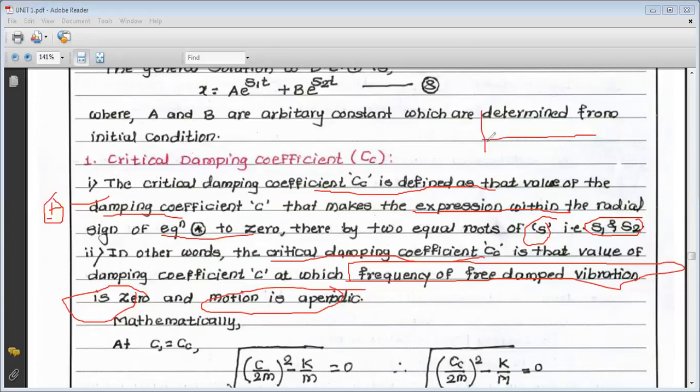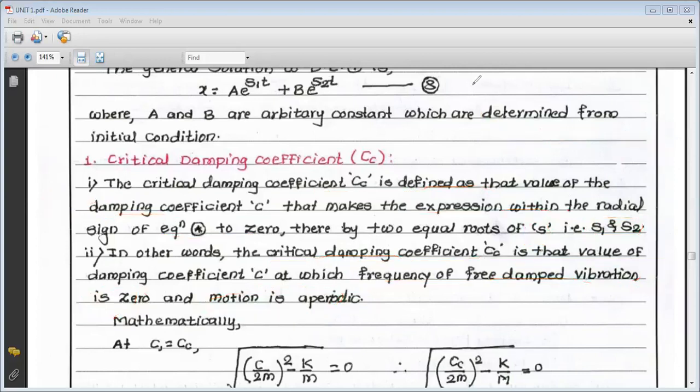A periodic motion is one where after every cycle the same repetition is there. But in case of aperiodic motion, the motion is only on one side. For example, this is the graph. So the motion is only on one side. That type of motion is called aperiodic motion.